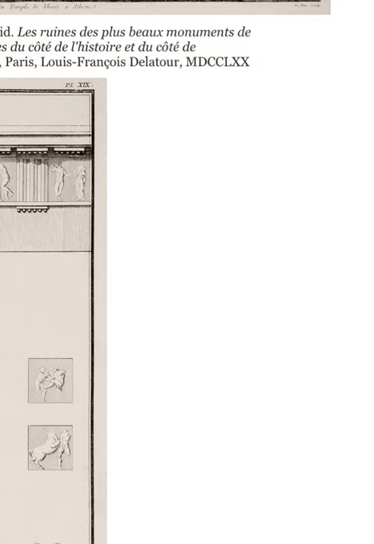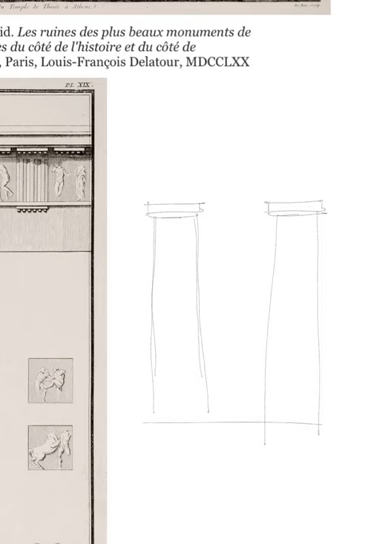For if we have our columns, and above them we have the architrave, and then we have the frieze, and above each column we have a triglyph, and we also have a triglyph between the columns.